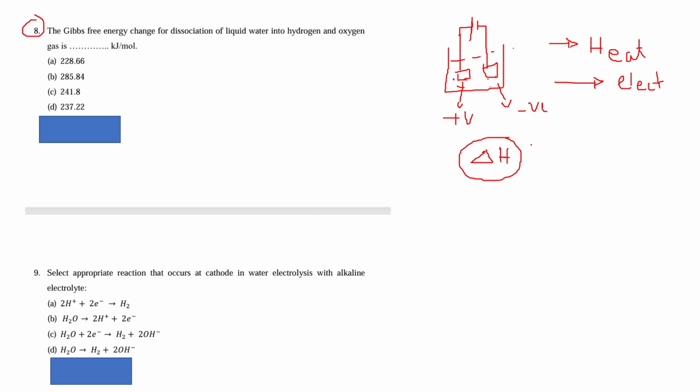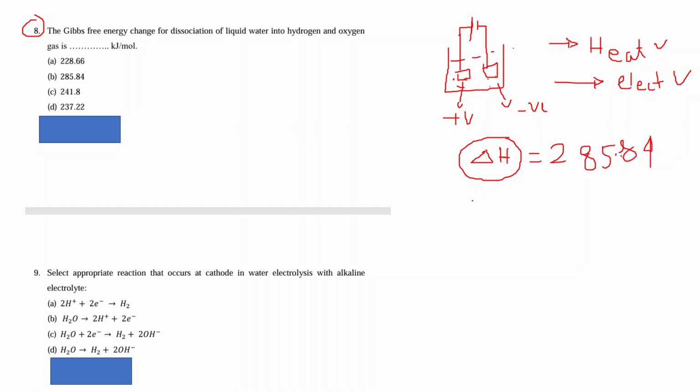How delta H comes is a different calculation, but you know the delta H value at standard condition is 285.84 kilojoule per mole. Delta H is actually the total energy required. It includes heat energy as well as electrical energy.